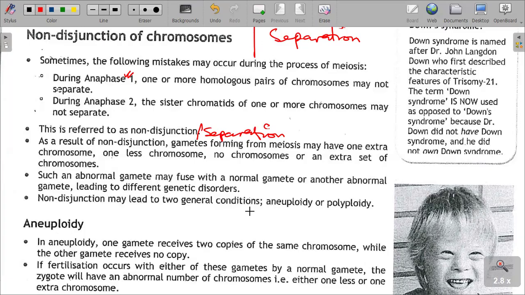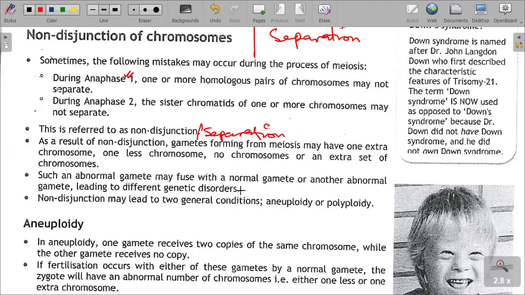Genetic disorders are diseases or conditions that are inherited, also called congenital conditions, passed on from generation to generation as a result of the genes carried by the chromosomes, which I'm sure we explained and dwelled on.